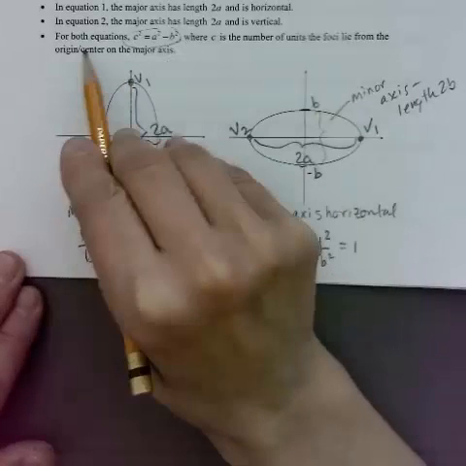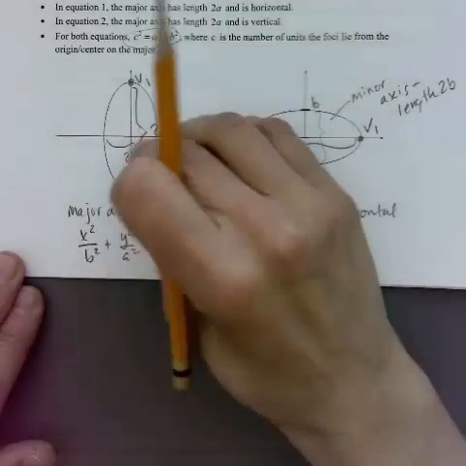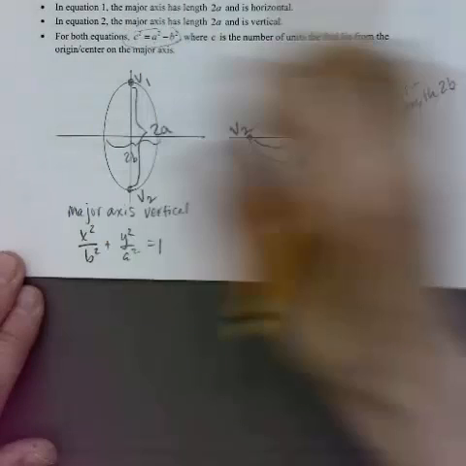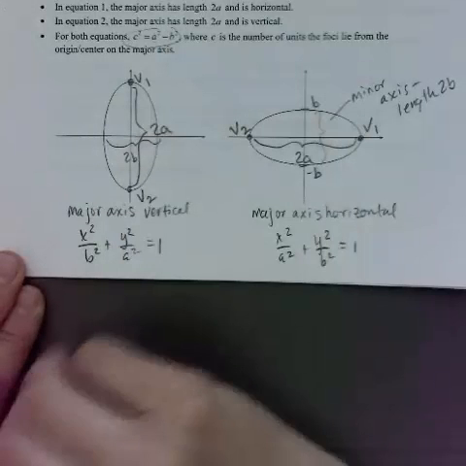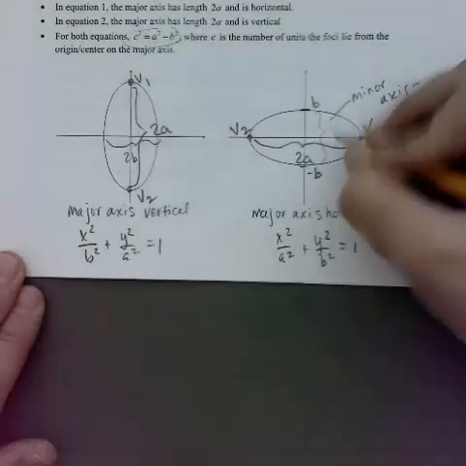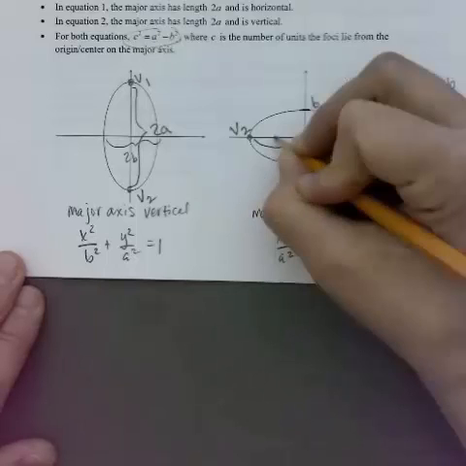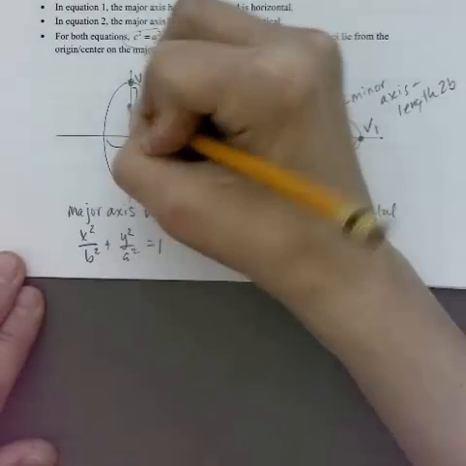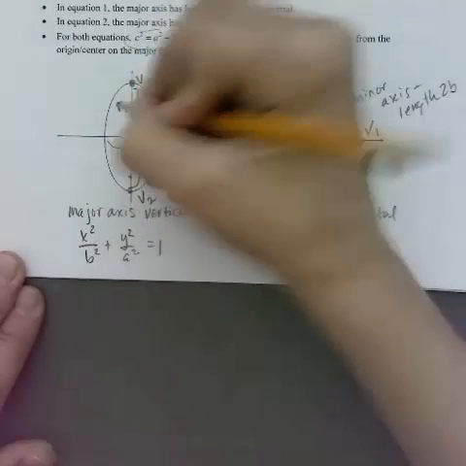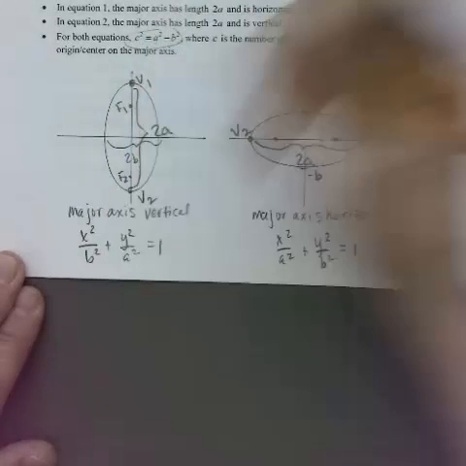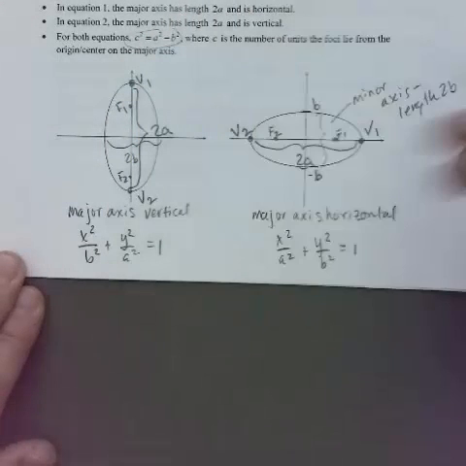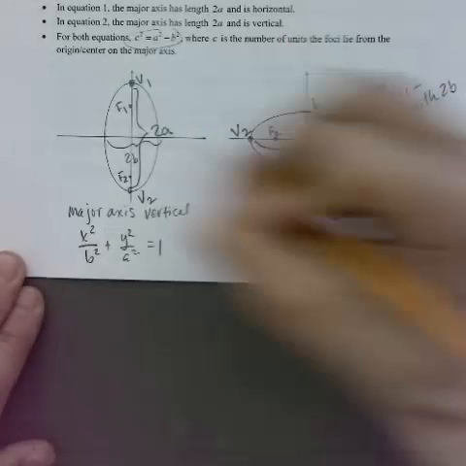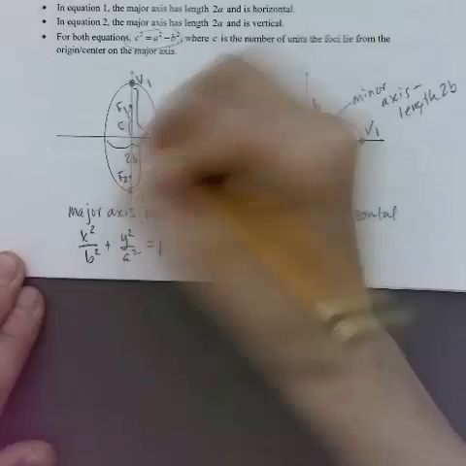So these are centered at the origin, so the center will be the origin. Later when we shift that, it's just from the center of the ellipse. It doesn't have to be from 0, 0. So the foci are always on the major axis. And this length here is c.